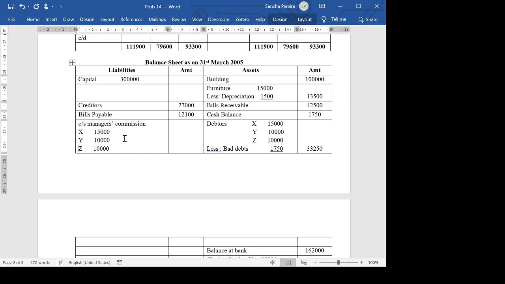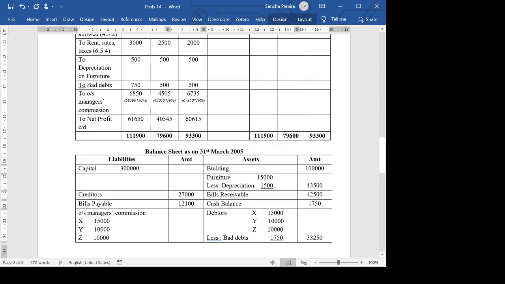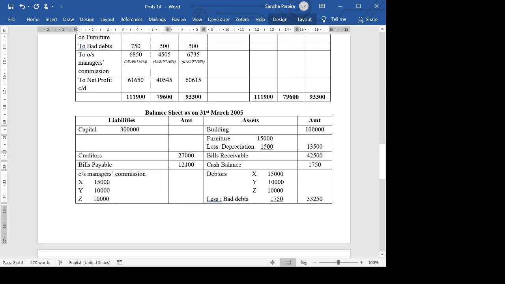So for X, Y and Z, X we have calculated at 6850. This one is 4505 and this one is 6735.